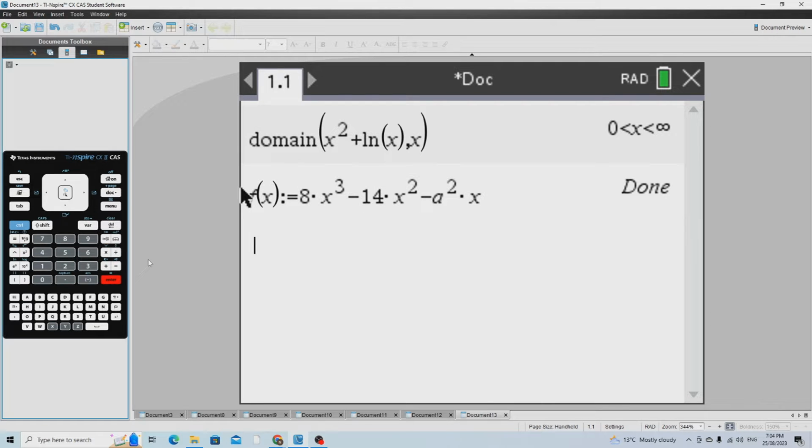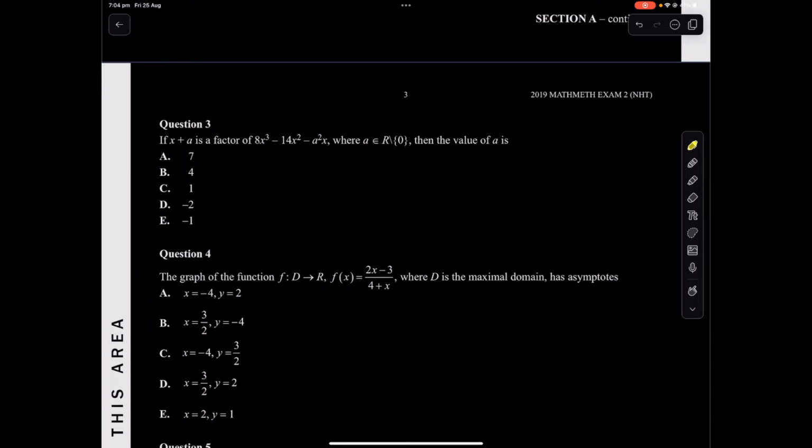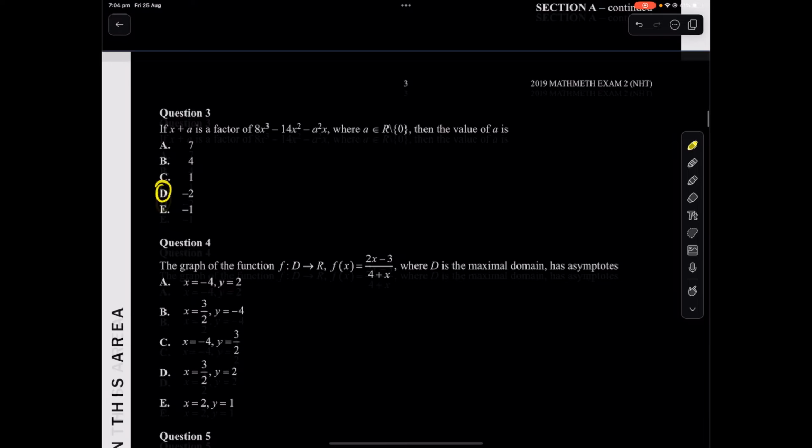Okay. So we can say that when f of negative a, so it's a factor, it should equal 0 because it's a factor. We can solve this for value of a, which gives us a equals -2 and a equals 0. But we know that a is an element of the reals with the exception of 0, so only a equals -2. So D is your answer.